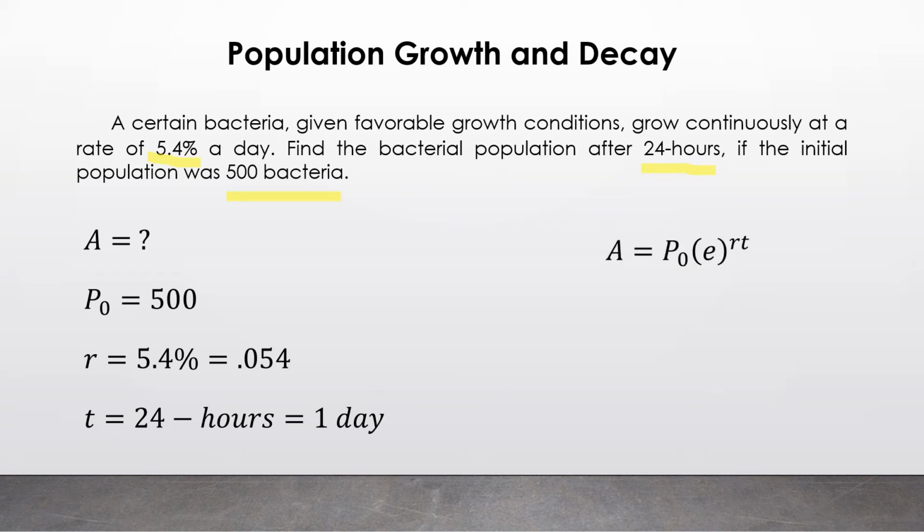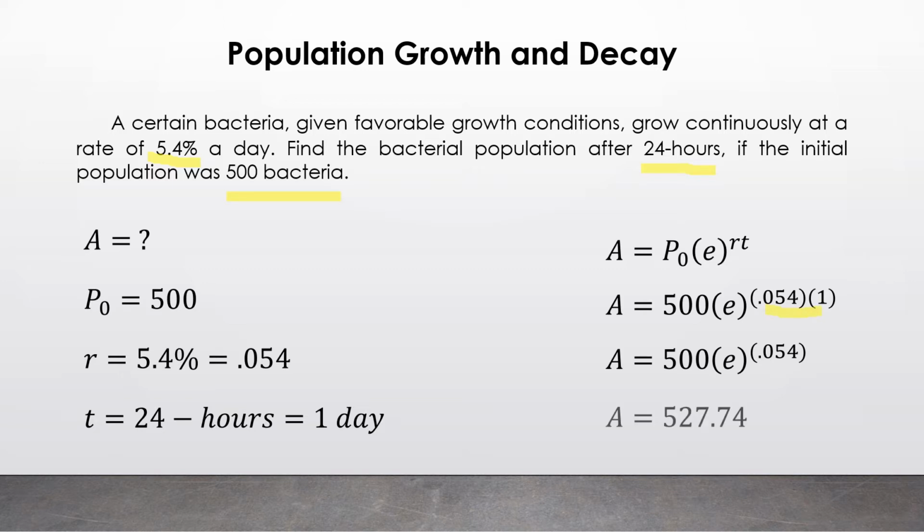So therefore, pag na-substitute natin sa ating formula, we have A is equal to 500 times e raised to the quantity 0.054 times 1. Simplify lang natin to perform the indicated operation dito sa exponent.